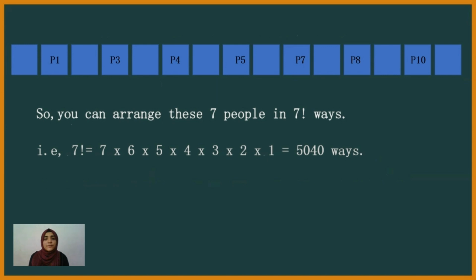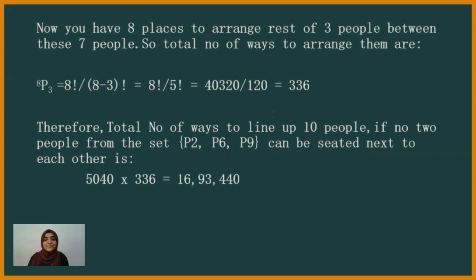So here is a figure that shows how we can place those seven people. You can arrange these seven people in seven factorial different ways. We have already seen how to calculate 7 factorial, which is equal to 7 into 6 into 5 into 4 into 3 into 2 into 1, which is equal to 5040 ways.